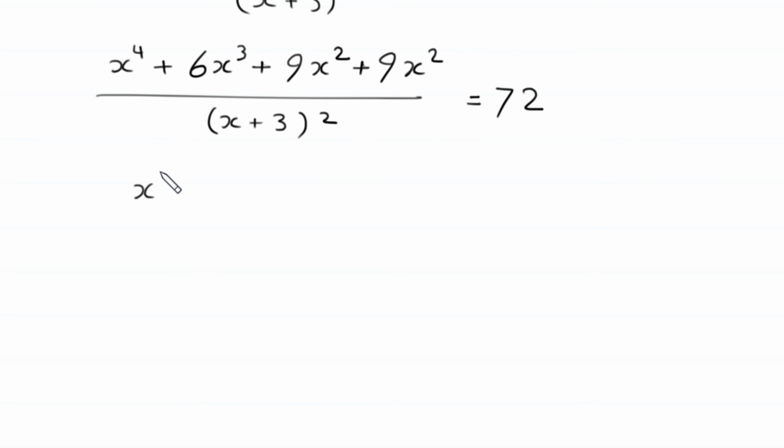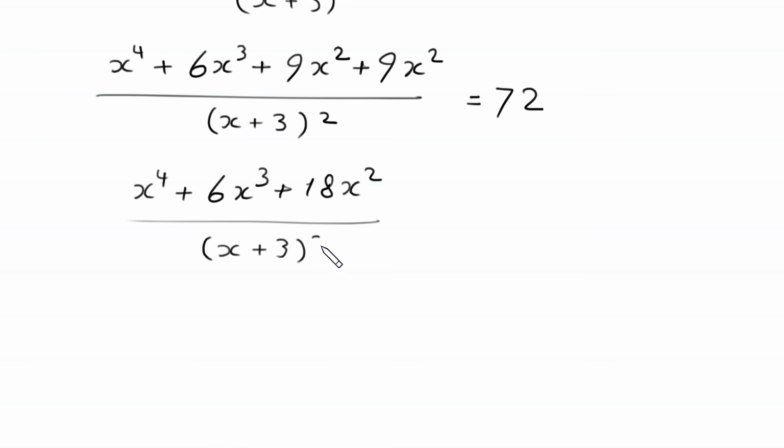Next, x to the power 4 plus 6x cubed plus this 9x squared plus 9x squared will become plus 18x squared divided by (x plus 3) whole squared is equal to 72.